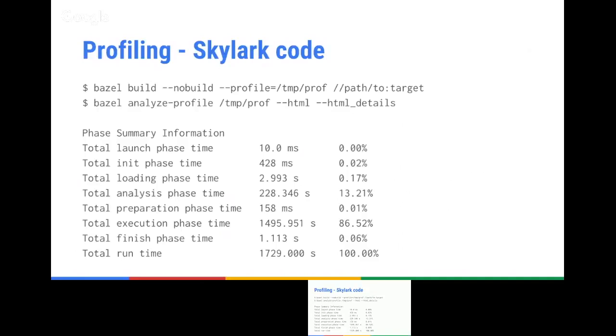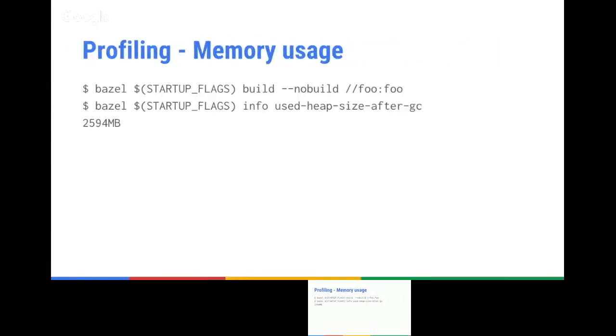And so if you run this command, it will generate a huge HTML file which contains some useful information. On top of that, we recently added other commands. So here we use a startup flags macro. Just look at the documentation to see how to set this up.